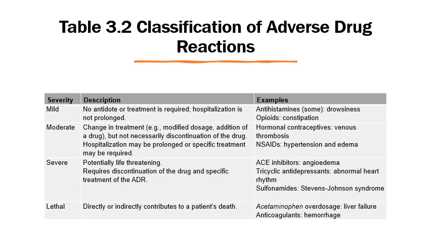This is usually where a drug needs to be discontinued. And again, there are some examples there of some drugs, so take a look at this full table. Obviously, lethal could be a situation where it directly or indirectly contributes to a patient's death. Again, always good to see some examples because these will be drugs that we'll be looking at later on in the class.